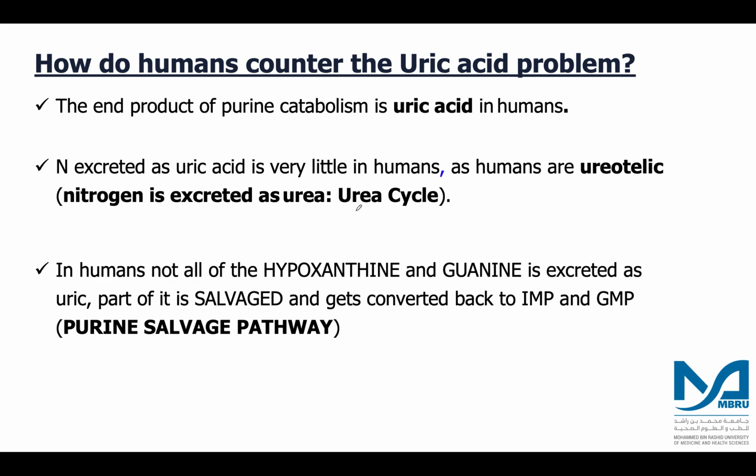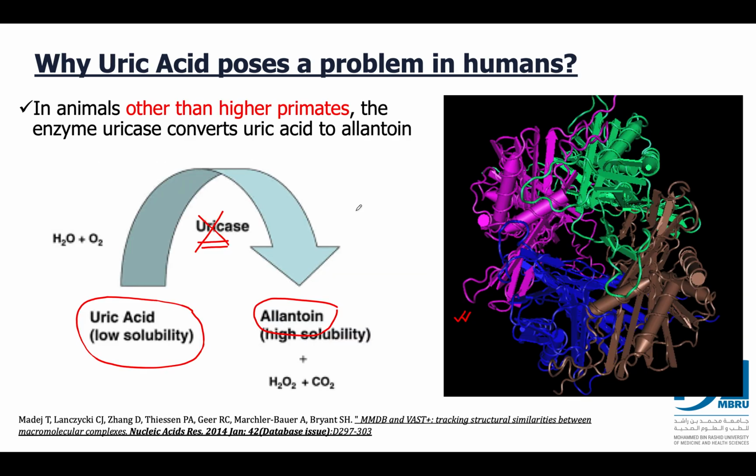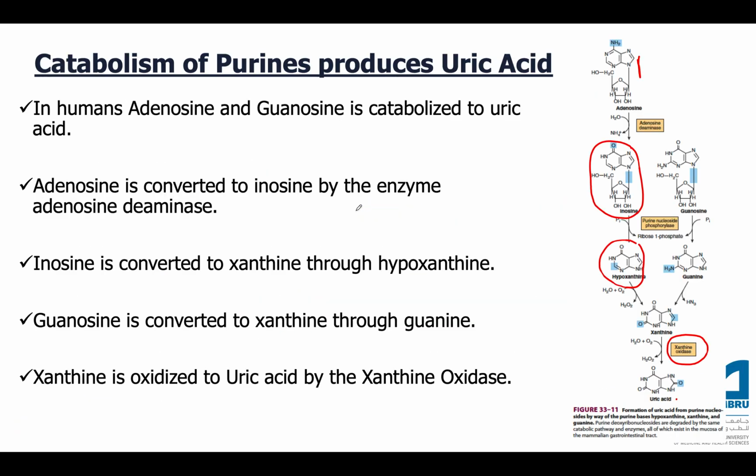Now, if you look at the structure of uric acid, let us quickly go back to one of the previous slides. You will see that it contains a lot of nitrogen atoms.